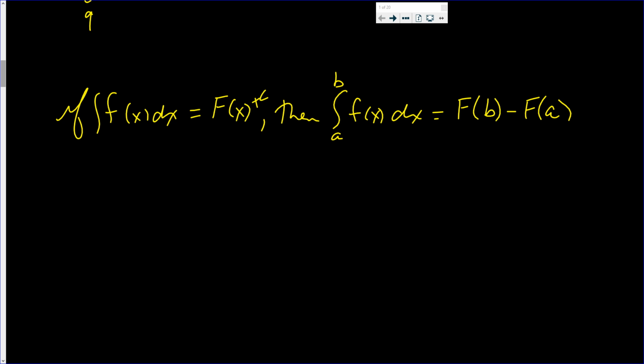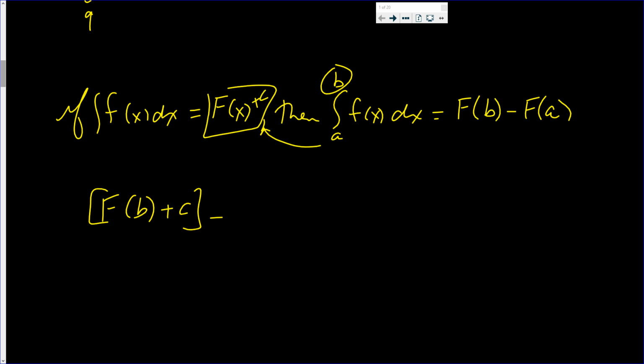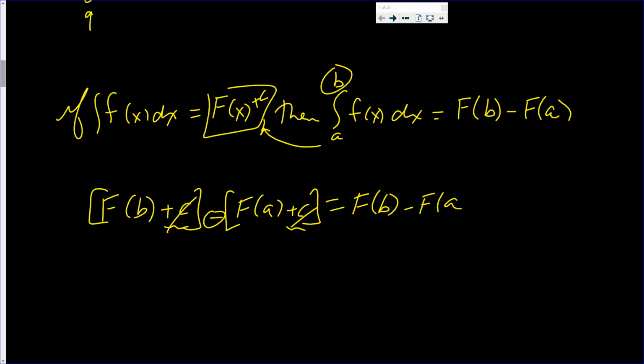Well, even if I did use the plus c, first I plug in b, I get F of b plus c, minus, now I plug in the a, I get F of a plus c. Oh, look at that. Positive c, you subtract the two things, you get 0. So even if you do put in the c, it's always going to cancel out each and every time.